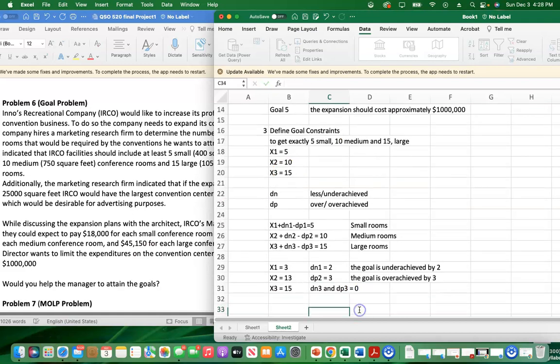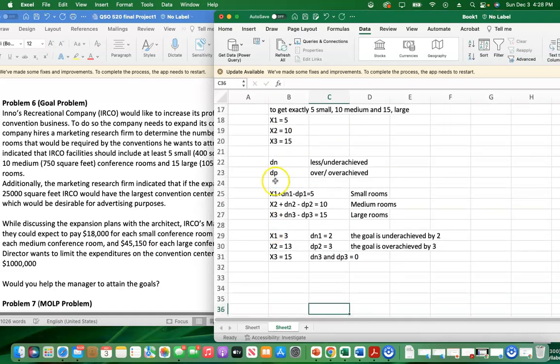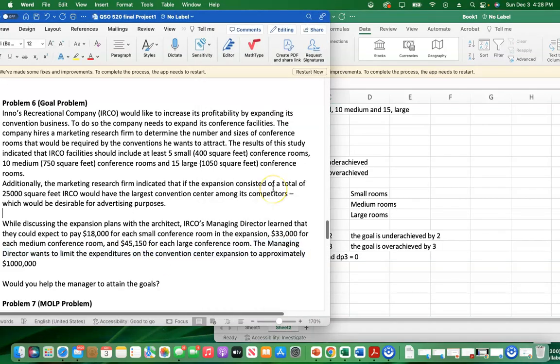So in this case, we can finish up with the other 2 goals, goal 4 and goal 5. And if you can see, if the expansion consisted of a total of 25,000 square feet, this company will have the largest convention center among its competitors. And so that's another constraint which we can define.